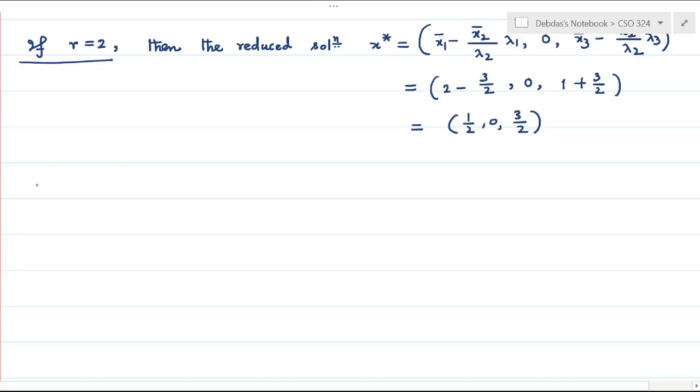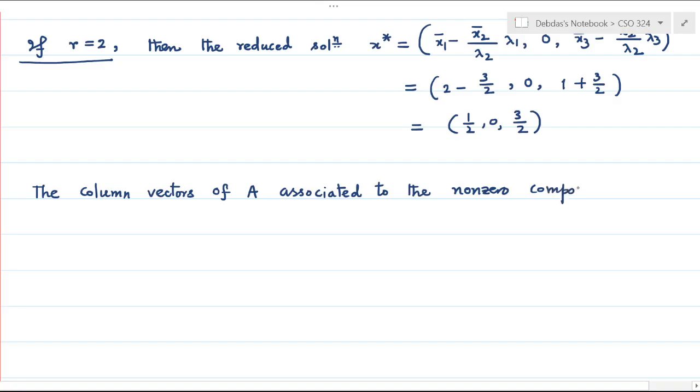The column vectors of A associated to the non-zero components of x star is the first component and the third component.